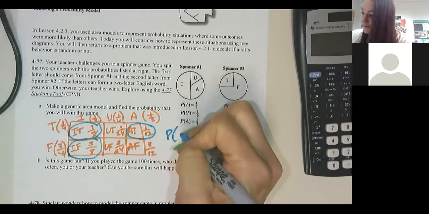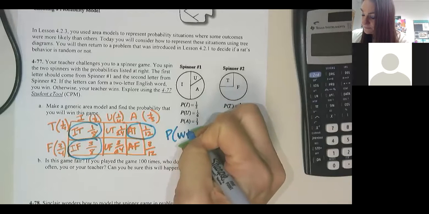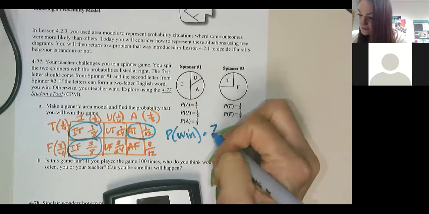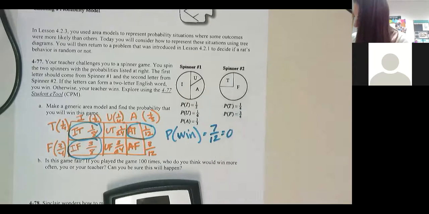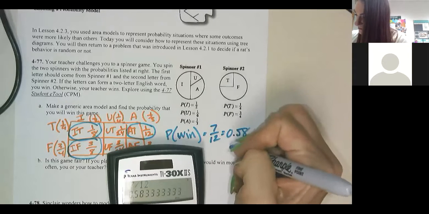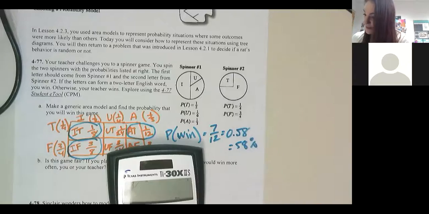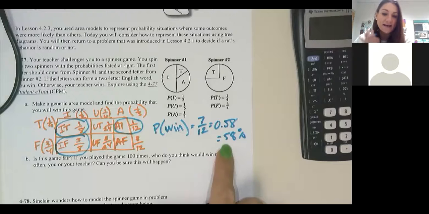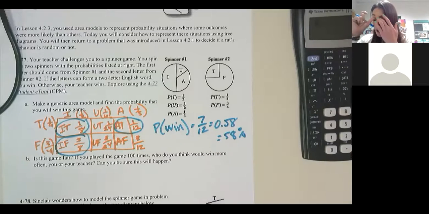So the probability of you guys winning, so it's spelling a word, would be, I want to add 1/8 plus 3/8 plus 1/12, which would be 7/12, or 0.58 or 58%. Is this game fair? So 58% of the time you would win, making it 42% of the time that I would win.